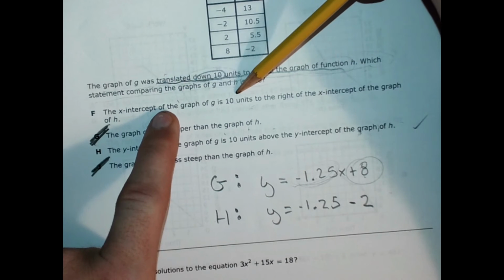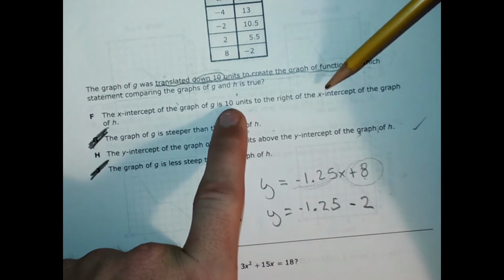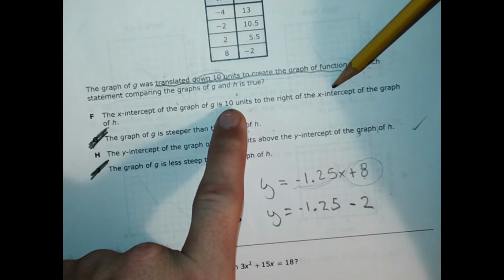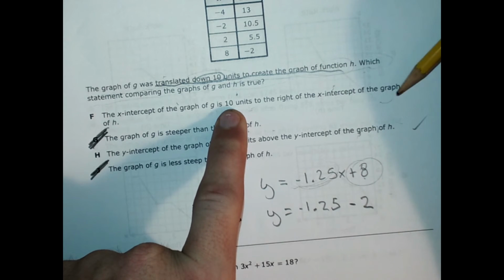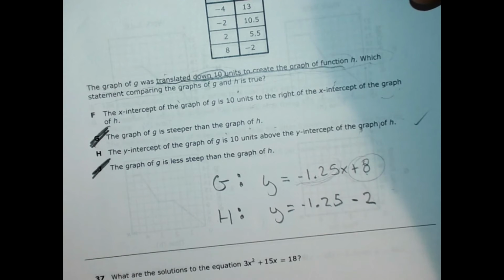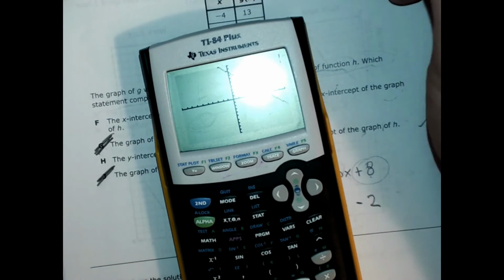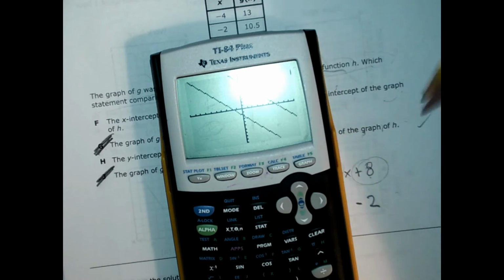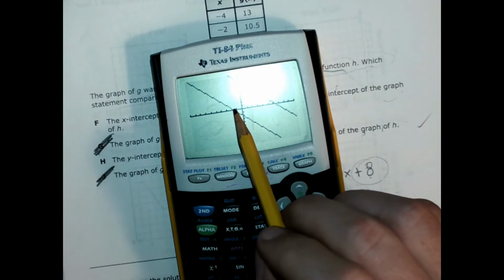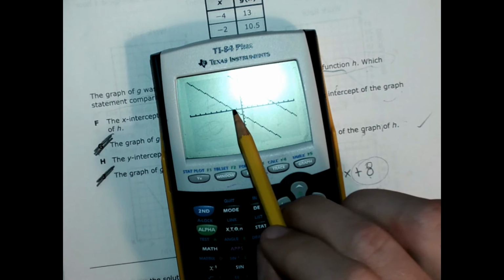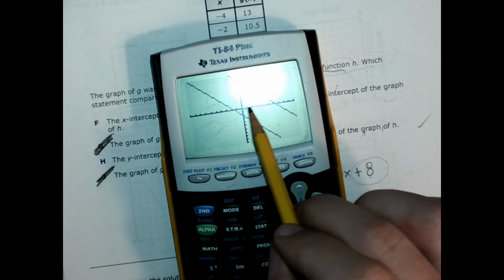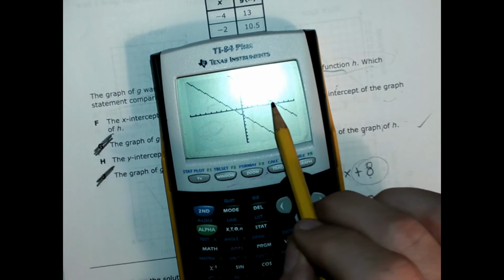The x-intercept of the graph of G is 10 units to the right of the x-intercept of the graph of H. So, how much distance is there between those 2 points? Is there 10 units?